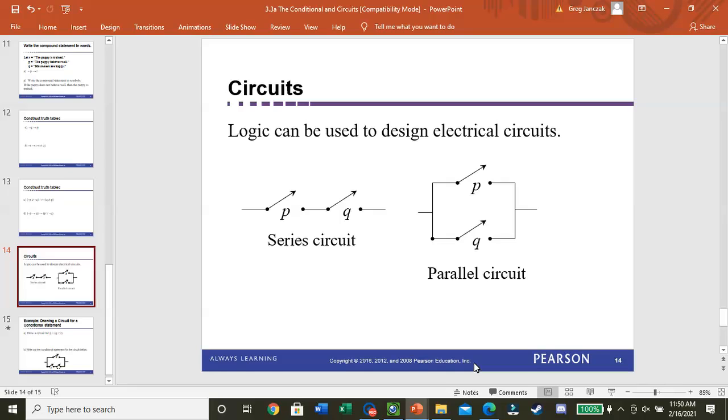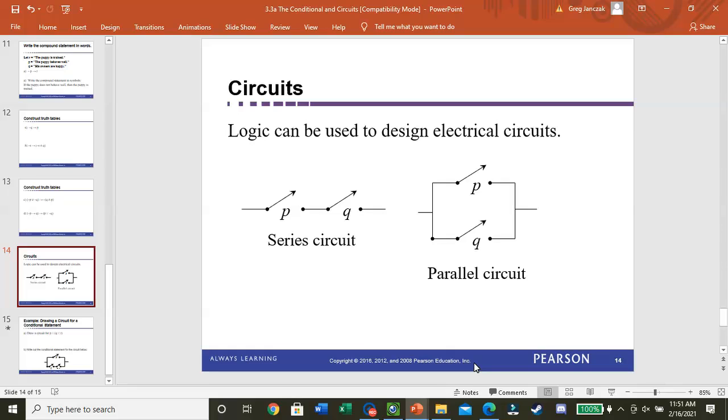So in order for you to get a complete circuit, in other words, if you had a battery on one end and a light bulb on the other and it came back around, the only way you could get the light to light is if both P and Q were closed. So this would be synonymous with and.